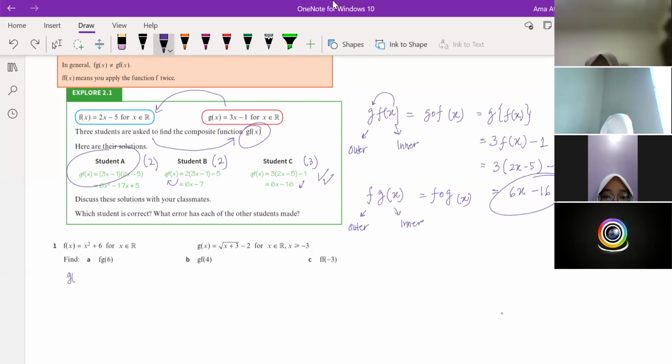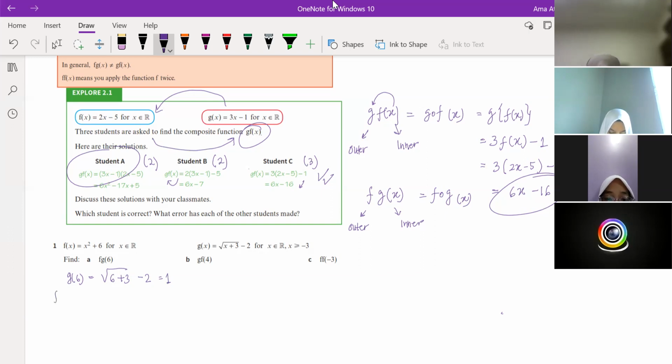So the inner is the function g. We are finding the inner first, g of 6. So you are substituting 6 into the function of g. You will get the square root of 6 plus 3, minus 2. The square root of 6 plus 3 means the square root of 9, which is 3. 3 minus 2 is 1. After you find the inner function, now you find the outer.